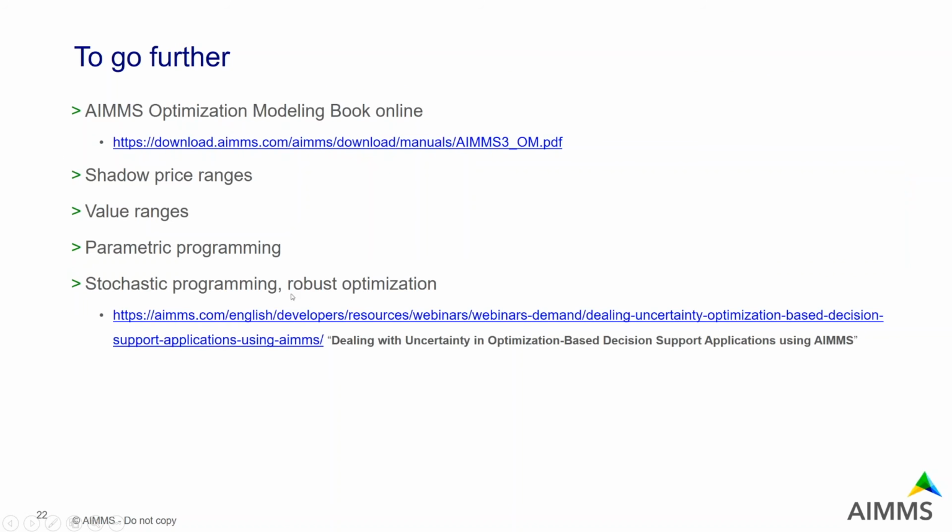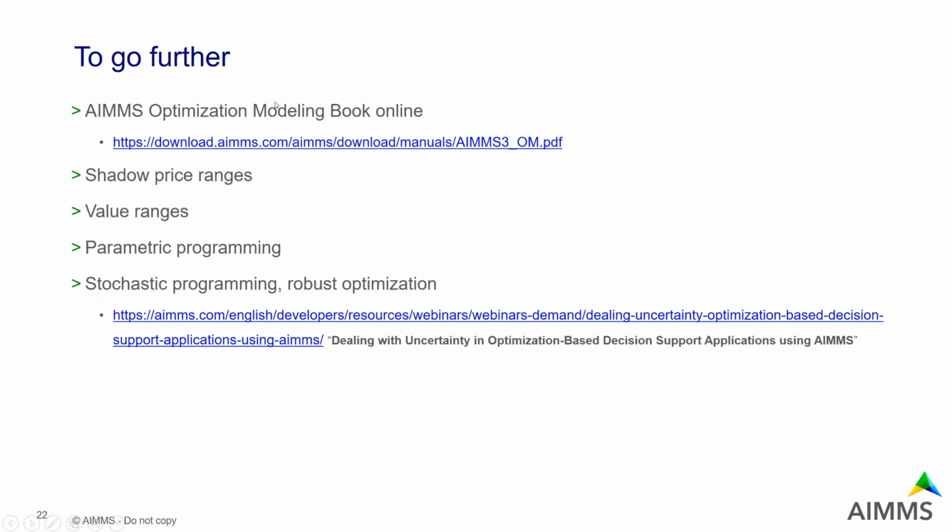So to go further, you could go with what we call parametric programming, which is basically to change two right-hand side ranges or two coefficients or a mixed problem at the same time, and then see the changes in your optimization model.